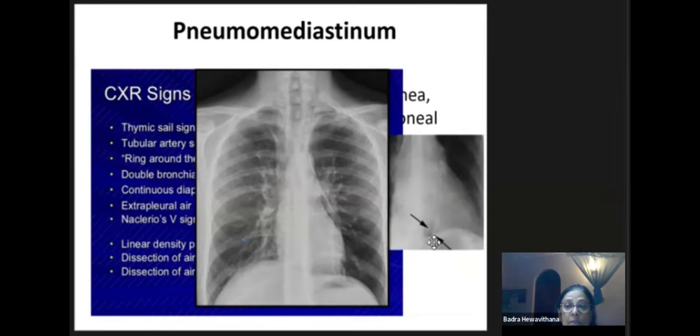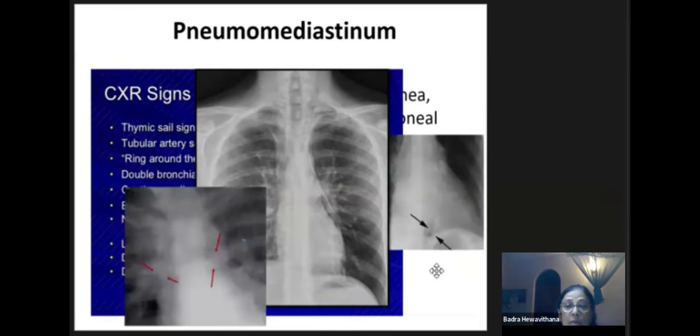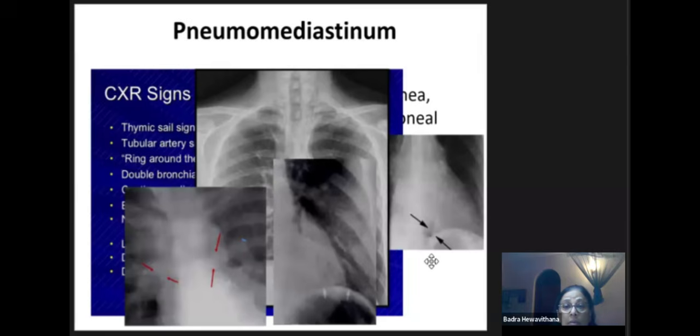And this is an interesting sign. You can see two lines going, one along the aorta and another one along the diaphragm, so we call it the Naclerio V sign. Sometimes we see this, but you don't have to bother so much.